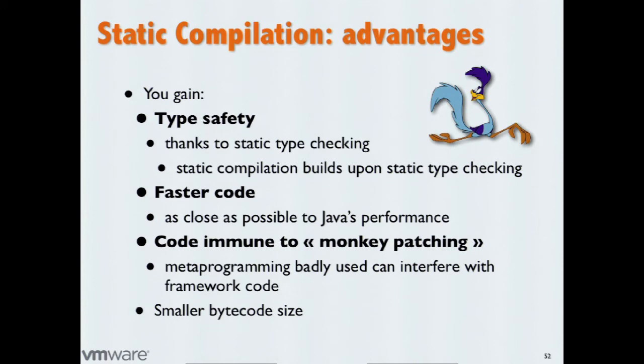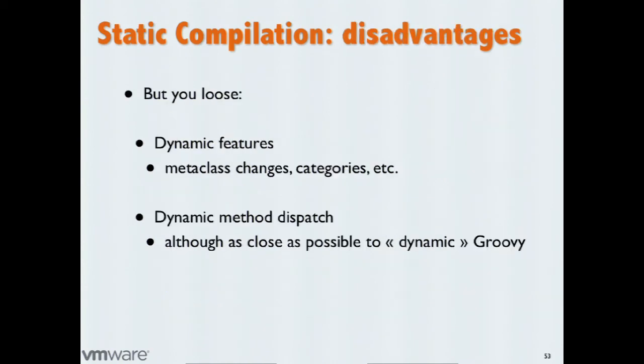It obviously provides faster code, so more performance. And also, since the actual method calls are not going through the dynamic heart of Groovy, the meta-object protocol, it's also immune to monkey patching, because someone in a dynamic part of your application could have changed how plus works, all that kind of weird stuff. So we're able to protect you from people trying to change the behavior of your code from some other thread or something like that.